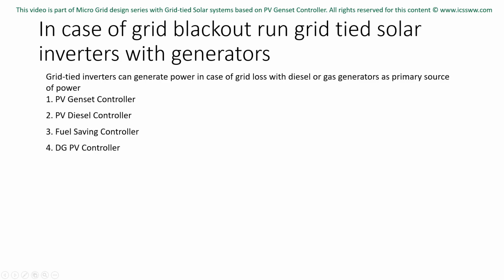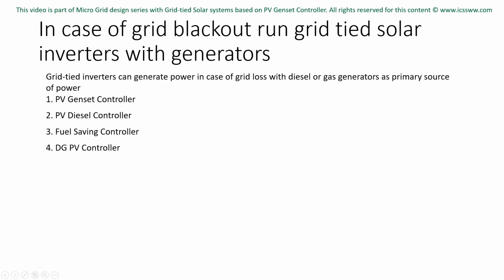Now, the actual question, how can we run grid-tied inverters even in case of grid blackout? Grid-tied inverters can generate power in case of grid loss with diesel or gas generators as primary source of power. The generator will provide power reference to the inverter and the anti-islanding condition will be satisfied. The inverter will start generating.